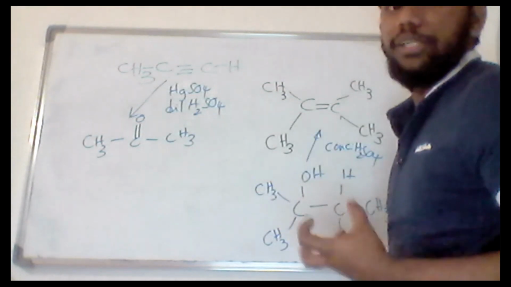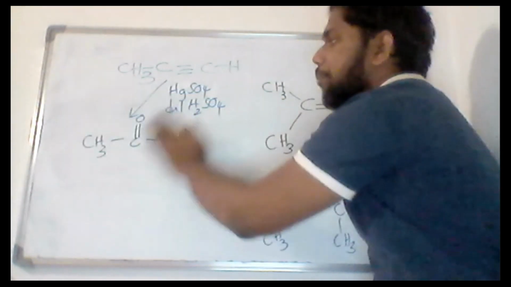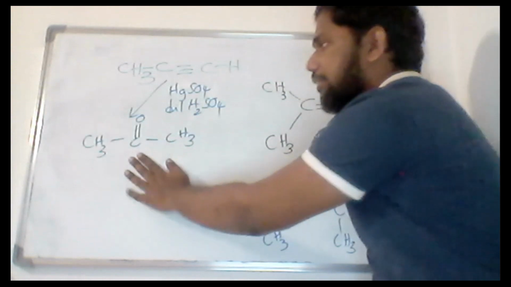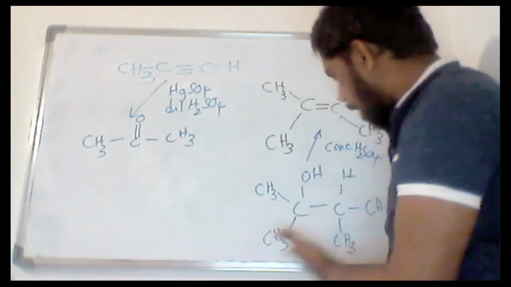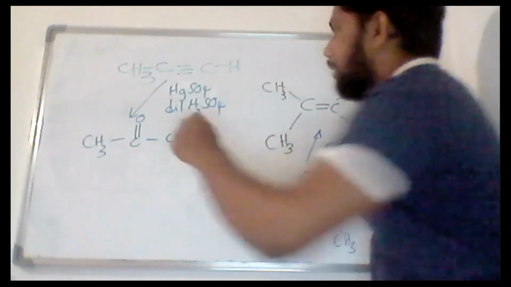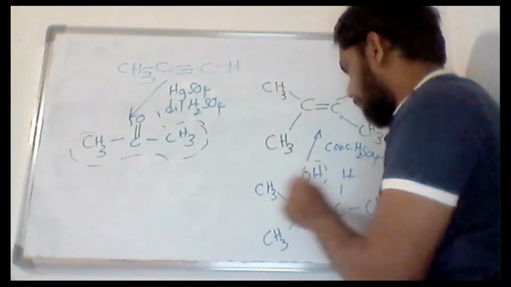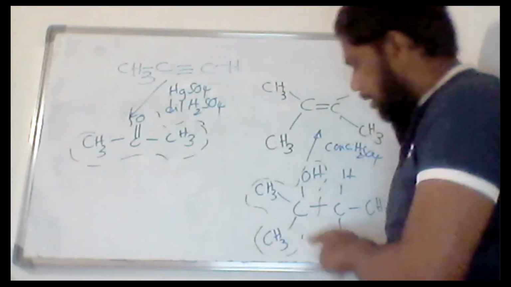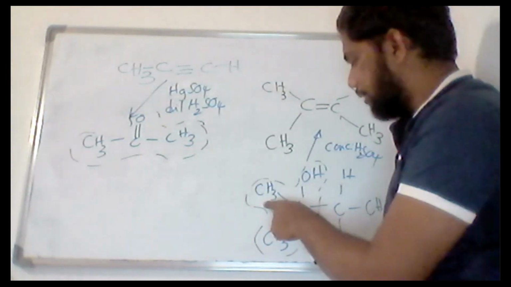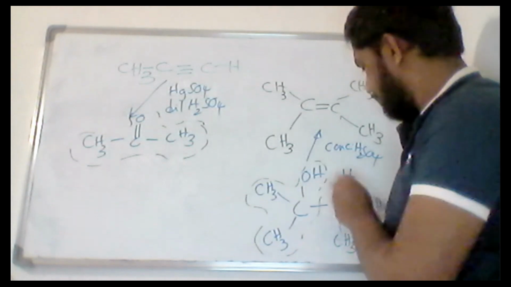This now gives me the idea that if you have this type of ketone and you react it with a Grignard, I would obtain a compound like this. This one could be CH3COCH3 attacked by a Grignard which is from here.